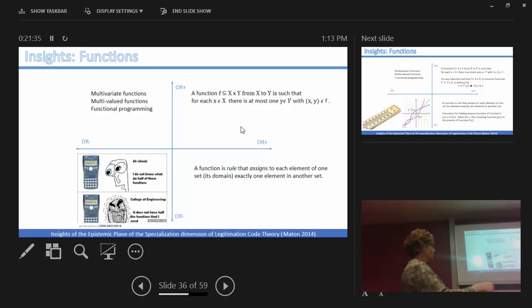So sometimes you might have a function which has more than one value that it assigns to every value in x, or it could be that you have a function of more than one variable, so it's easier to move to functions of 2 or 3 variables. And if you're doing computer science, you might even be able to do functional programming with some insight as opposed to just blindly going along.